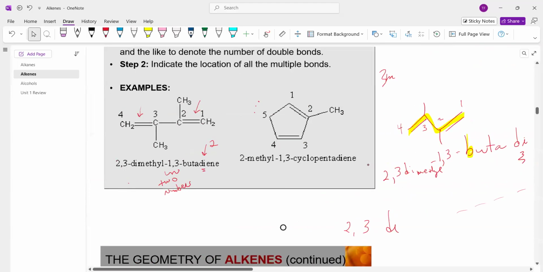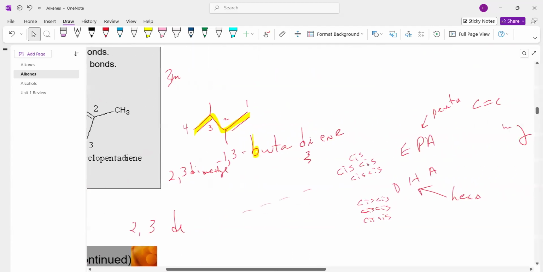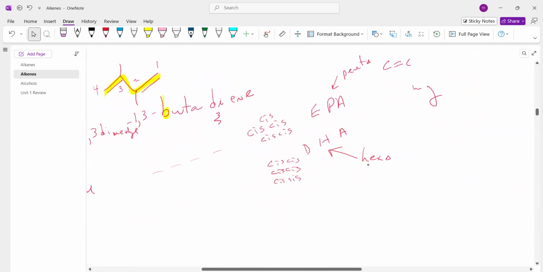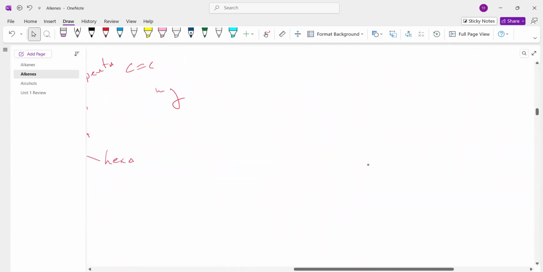Now you can also have cyclic molecules with a double bond in them. And here, in fact, let's do one with 1 double bond. Okay, so we've got a 6-sided hexene, 6 carbons.